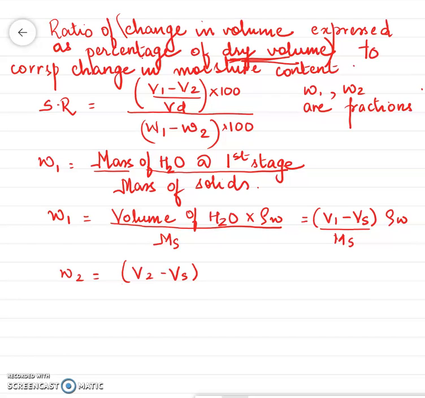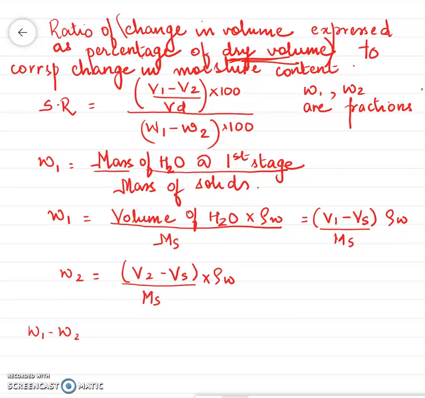See, this derivation is not important from the point of view of your exams. The derivations are not usually asked. But you should know how various quantities are related: mass, volume, weights, shrinkage ratio, all this. So you have W1 is equal to (V1 minus Vs) upon Ms into rho W. Similarly, you have W2 is equal to (V2 minus Vs) upon Ms into rho W. Now, if I want to write W1 minus W2, how do I simplify this?